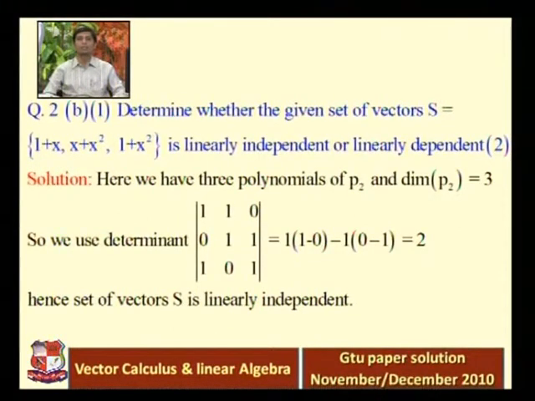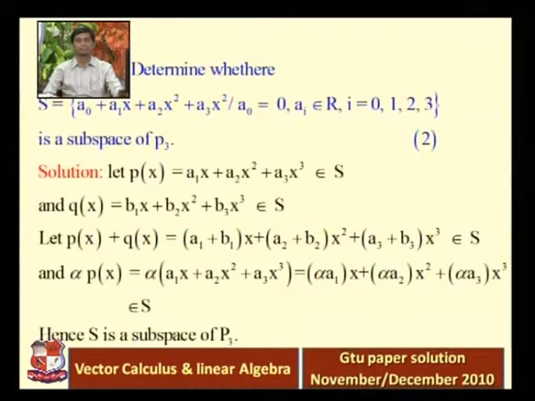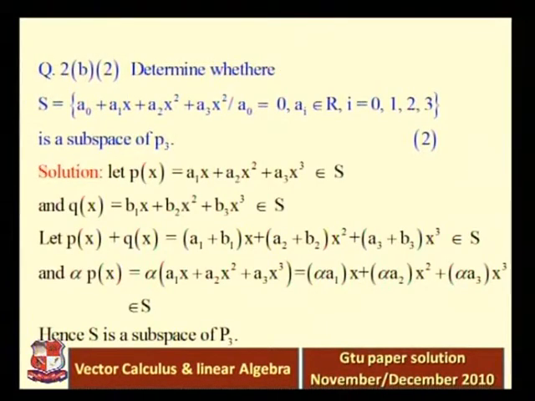Now next is question 2b, second part. Determine whether S is equal to {a0 plus a1x plus a2x square plus a3x cube, where a0 is equal to 0 and ai belongs to R, where i is 0, 1, 2, 3} is a subspace of P3.